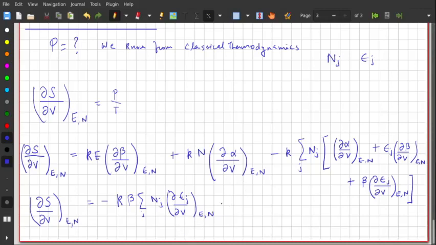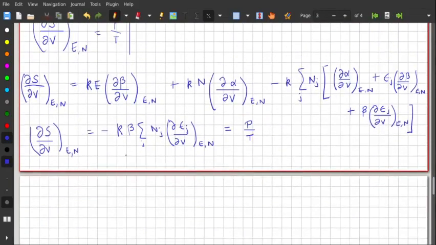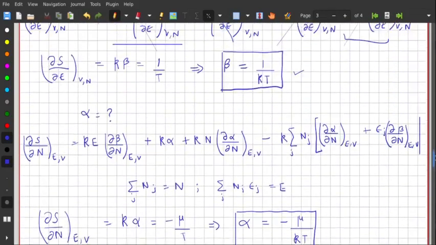Okay, and from classical thermodynamics, this was P by T. If you look at this expression, we know what beta is, which we evaluated; it was a Lagrange multiplier also.